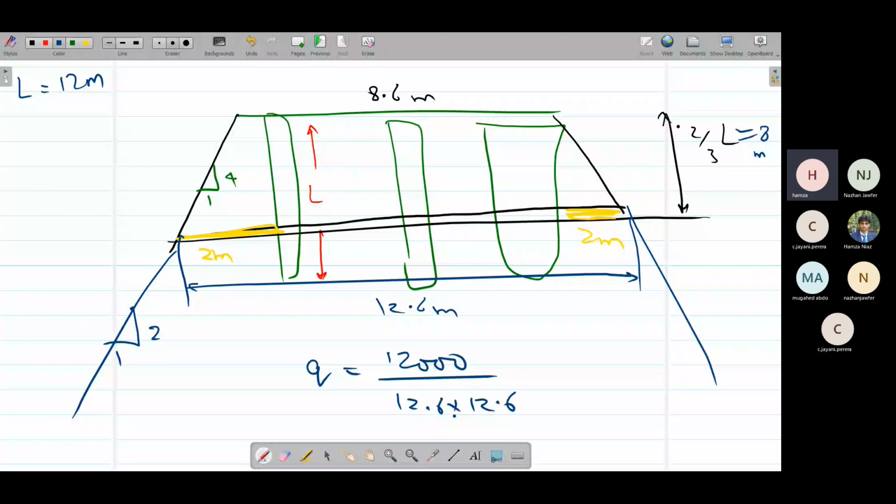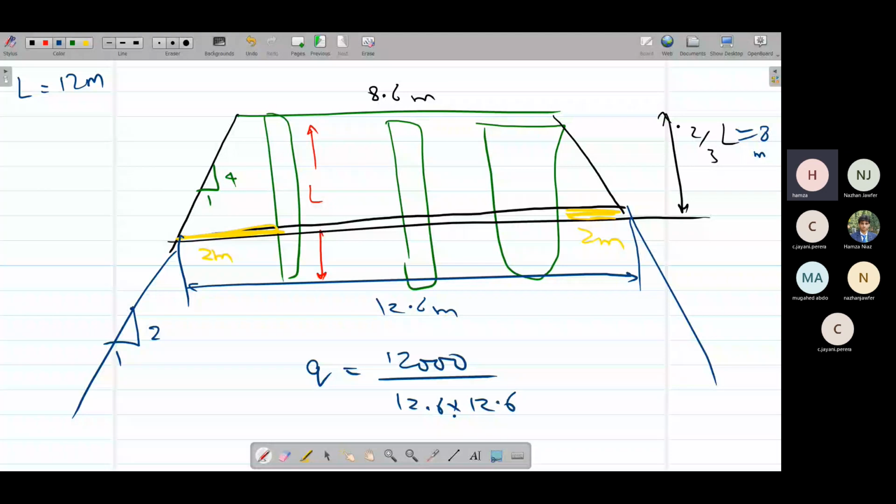We have to make a sum this way: the height of the pile group is 16 meters below that, and the B is 12.6, just like we calculated, 12.6 this way. So if we divide H over B, we'll get the value as 1.3.